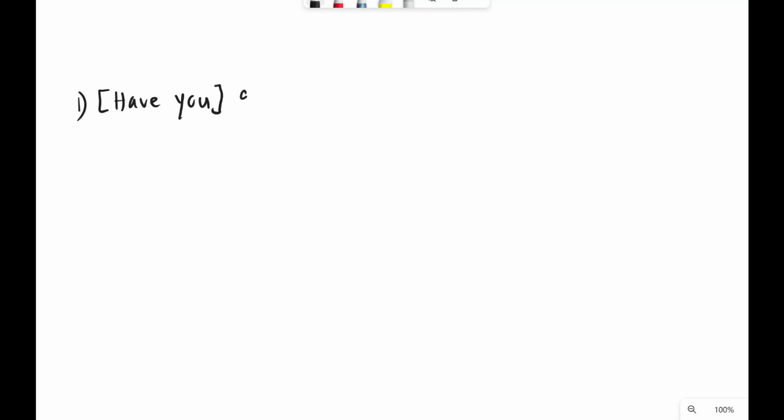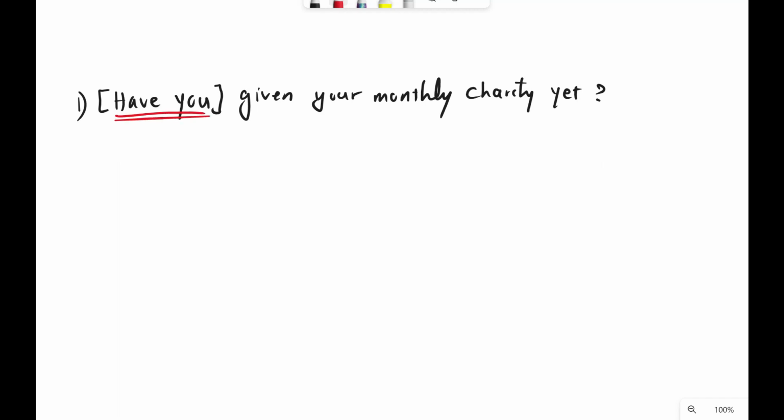Have you given your monthly charity yet? As you can see here, have you could be elided. I don't need it. I could leave it out. Another example of ellipsis, I can say, for example: are you ready?